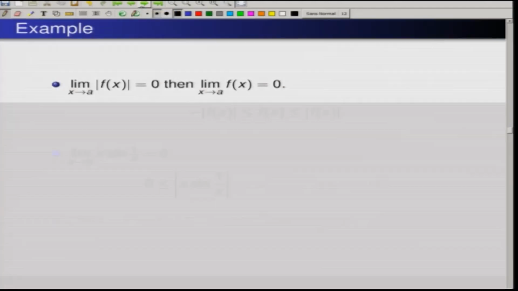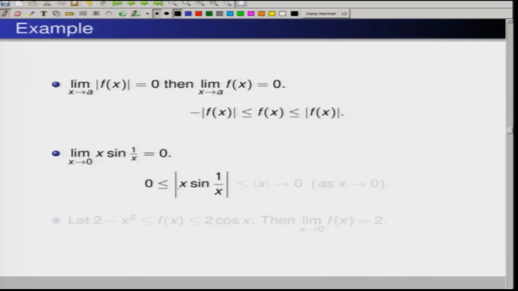Similarly, let us try to find this very interesting example, x sin(1/x). If we take its modulus, it is definitely greater than or equal to 0. Now, it is less than |x|, because whatever value the sine takes, it is going to be less than or equal to 1.